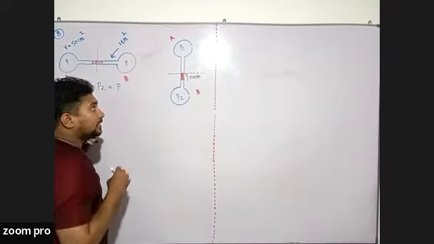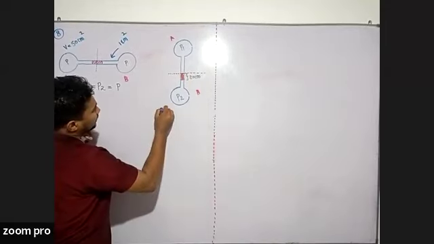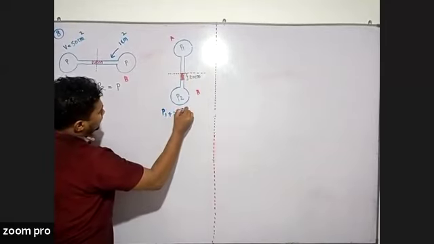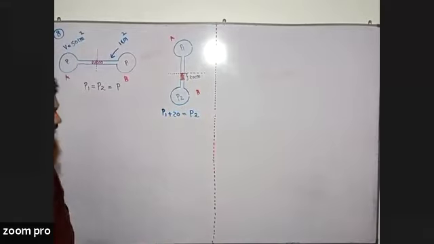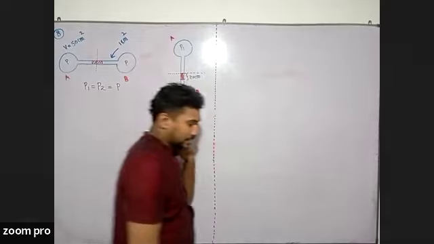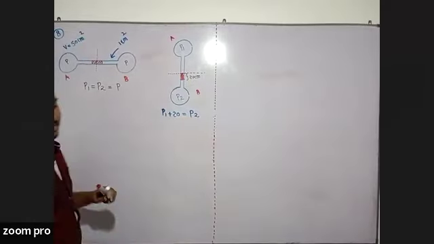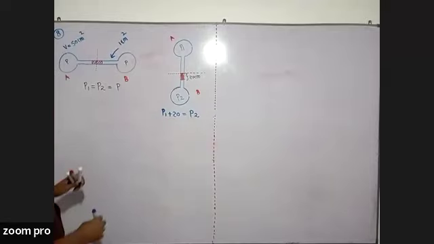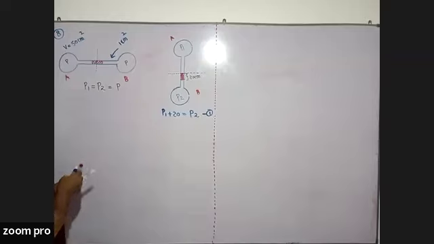So we can derive an expression, as I mentioned earlier, P1 plus 20 equals P2. These values are given as the height of a mercury column. So this is the equation that we can derive by looking at this diagram.